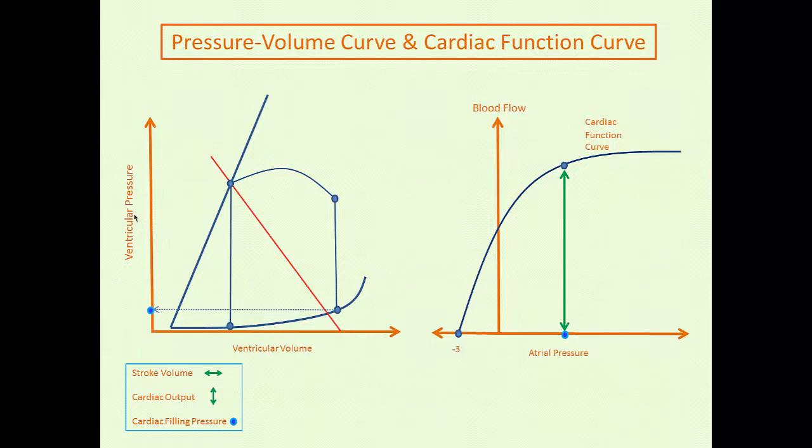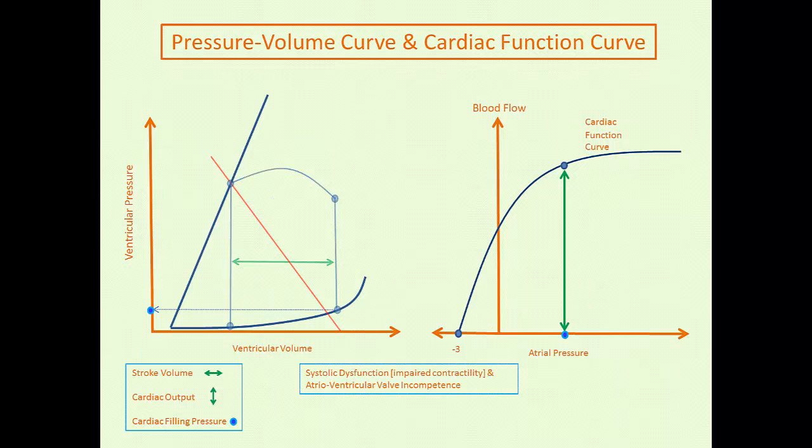Remember, filling pressure is on the y-axis and volume is on the x-axis. So this is your filling pressure, which is really what the filling pressure on the Guyton curve is: your right atrial pressure at end diastole. And then the relationship between stroke volume and cardiac output I've illustrated in green. Remember, stroke volume times heart rate is your cardiac output, which is on the y-axis here, and so I've illustrated that in green too. So you can start to already appreciate the relationships here.